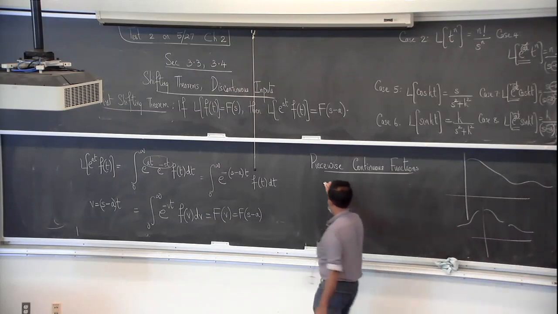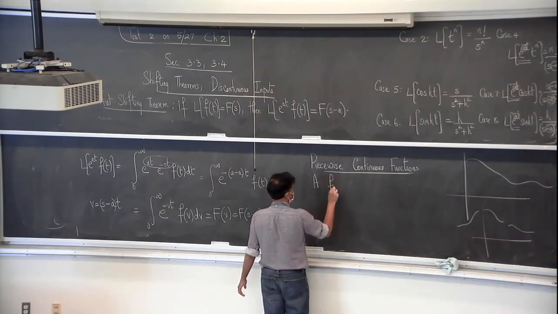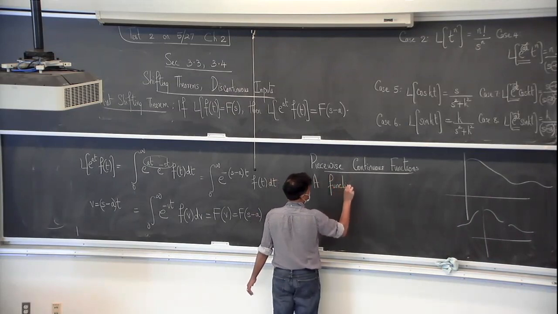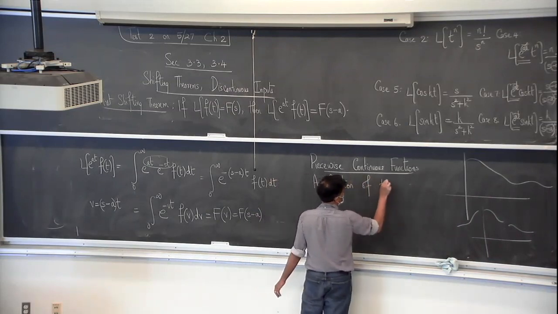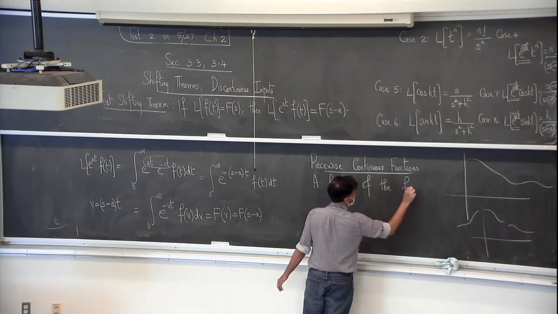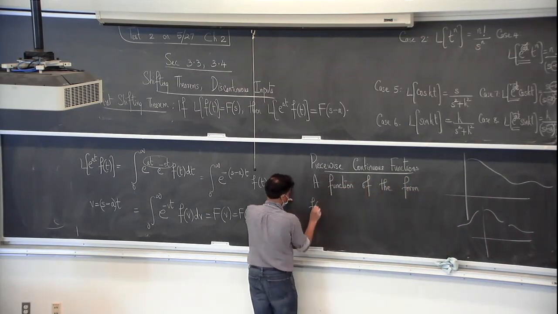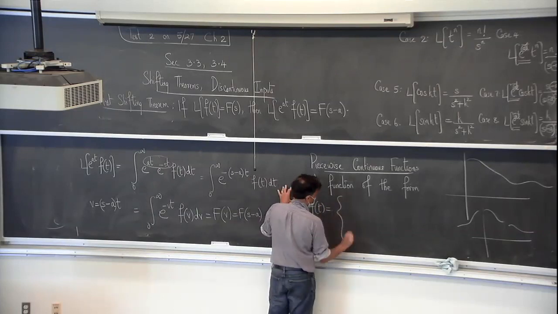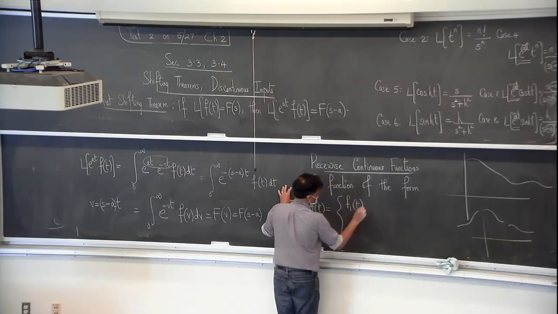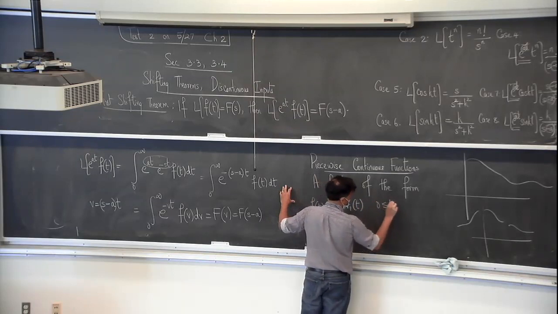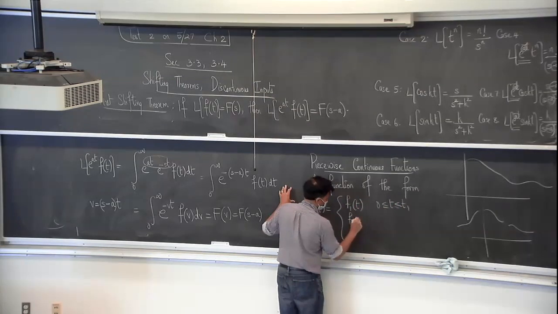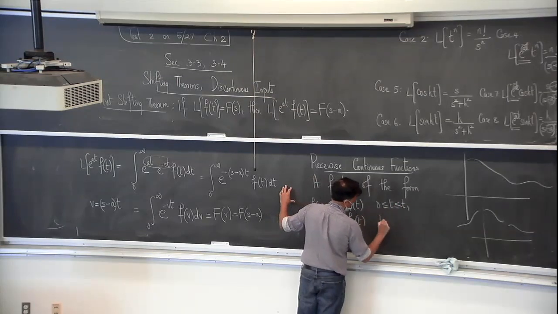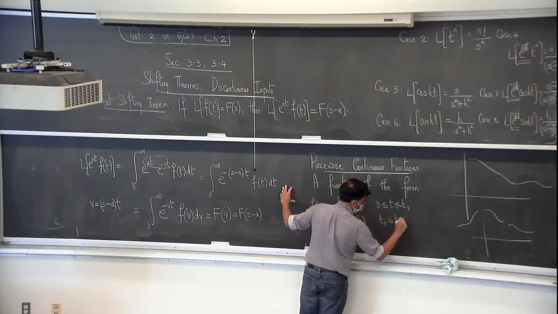So a function of the form f of t equal to, assuming that t is always positive, f1 of t, where t is between 0 and t1, f2 of t, where t is between t1 and t2.